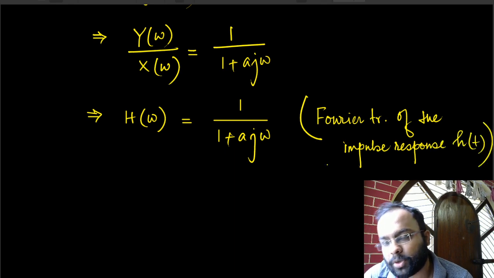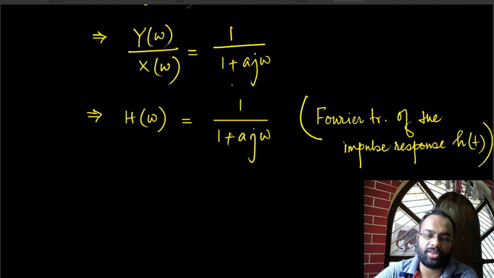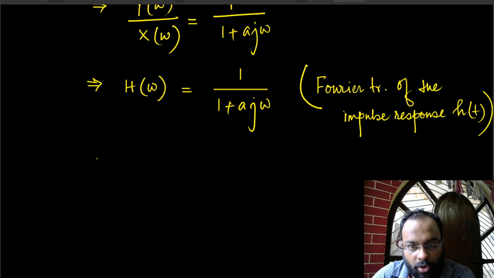So if the impulse response of this series RC circuit is h t, then this is the Fourier transform of that. This is also known as the frequency response.